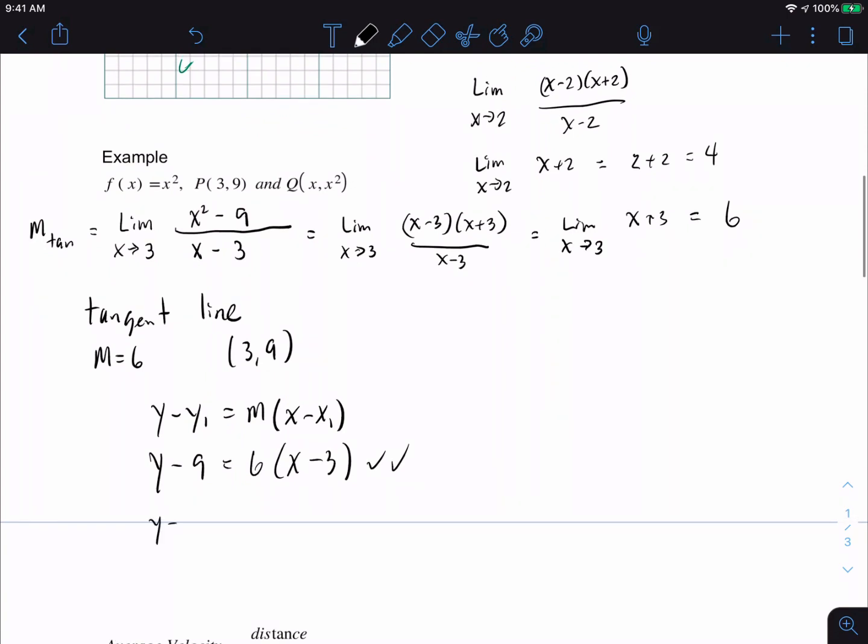And so you'd go y minus 9 is equal to 6x minus 18. And you end up with 6x minus 9 as the answer that WebAssign will typically want. Okay? But what this ends up representing is the line that touches the y equals x squared curve at 3,9. Okay?